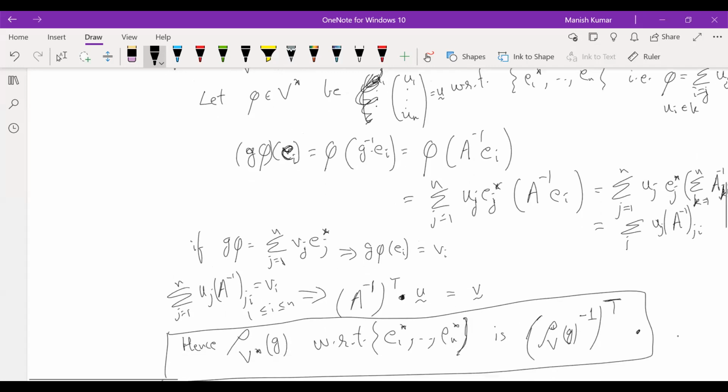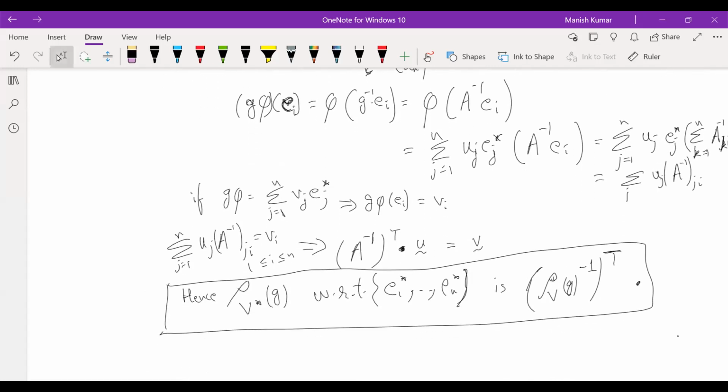Okay. Any questions? So I hope this is somewhat clear. So this step is also not bad. You just expand it. This side, if you expand it, this matrix notation, you should get this thing.